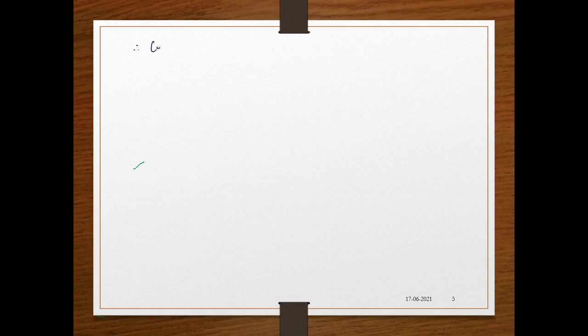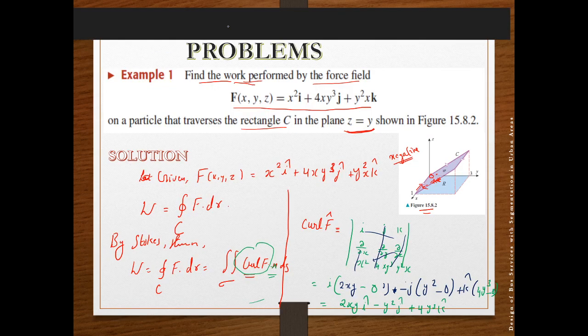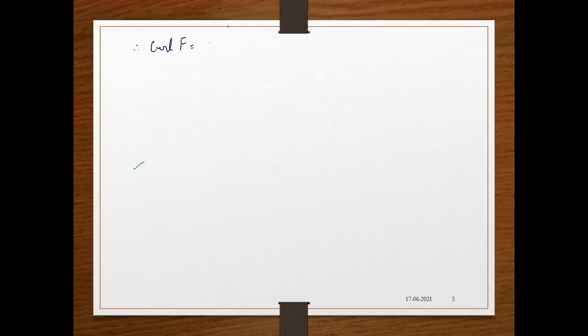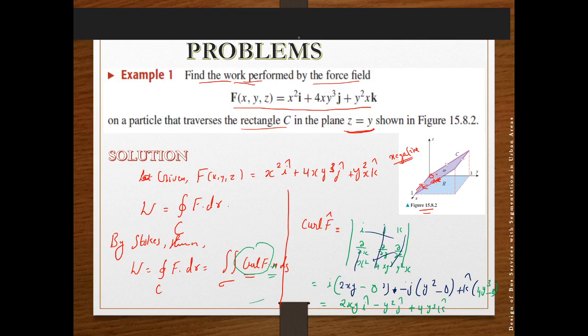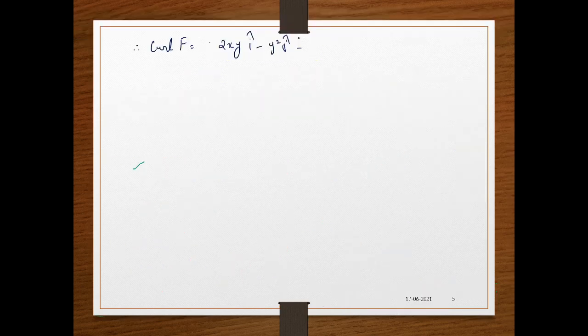Therefore curl F is equal to 2xy i minus y squared j plus 4y cubed k. Is it correct? Yes.